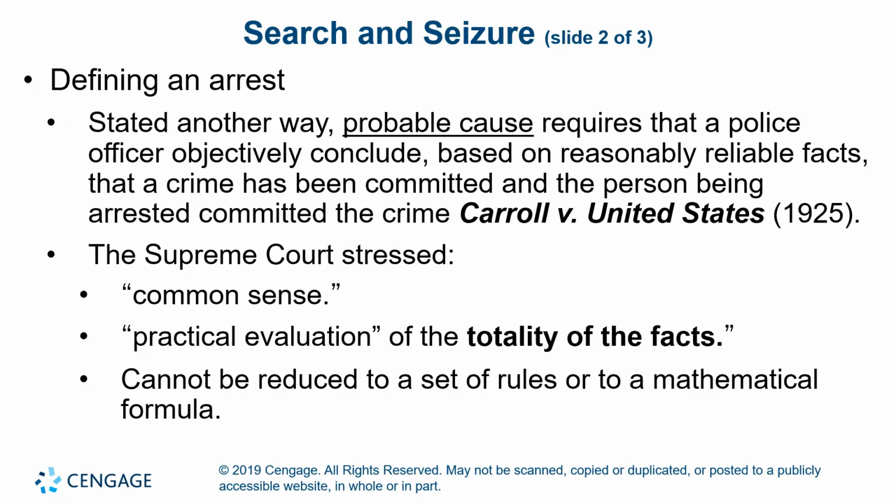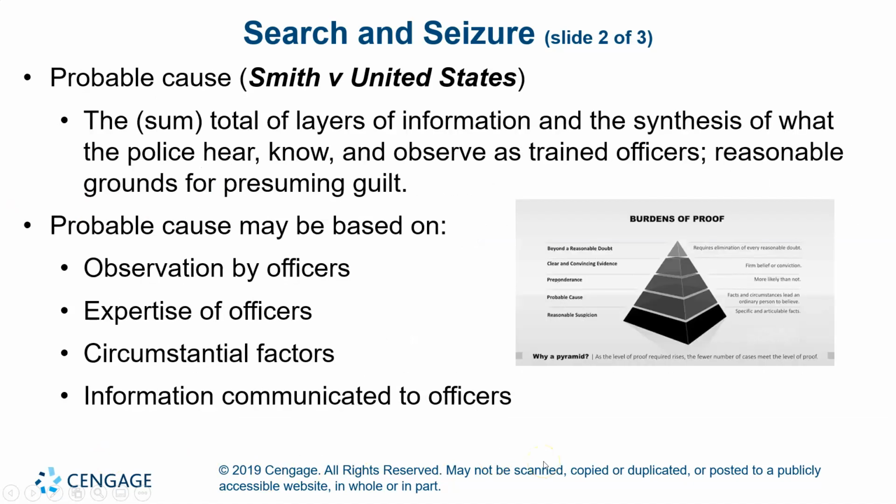The Supreme Court also stressed that this is based on common sense, a practical evaluation of the totality of all of those facts, because it can't be reduced to just a set of rules or some mathematical formula. There's more to it. This is how the Supreme Court decides whether the officer had probable cause or not, and they look at these different factors.